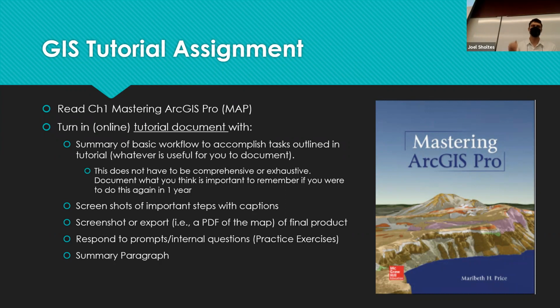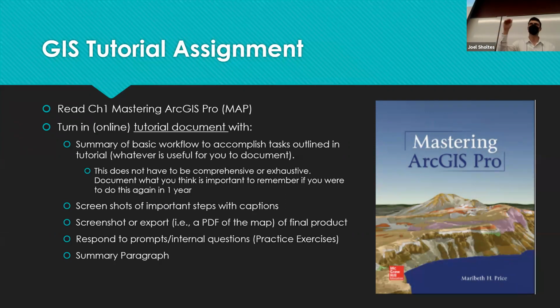First there's some reading, then you'll go through the actual steps of opening ArcGIS Pro and doing some stuff. Take screenshots of important steps, not every step, but maybe the first step is to open a data set and look at it and mess around with it, and then at the end you'll take a screenshot of what that is.